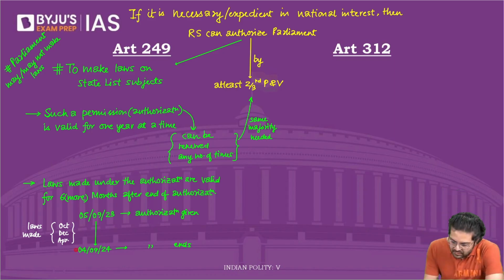Meaning, till this date. Till what date? Till 3rd of, you can add 6 more months here, 3rd of March 2025. So every law made ends.